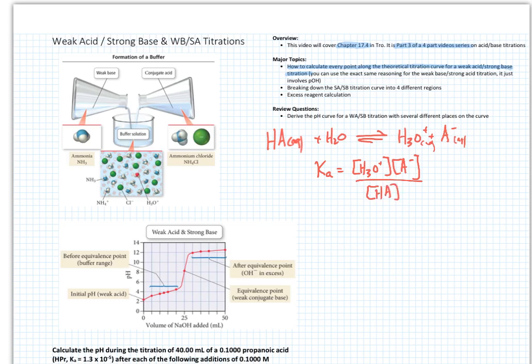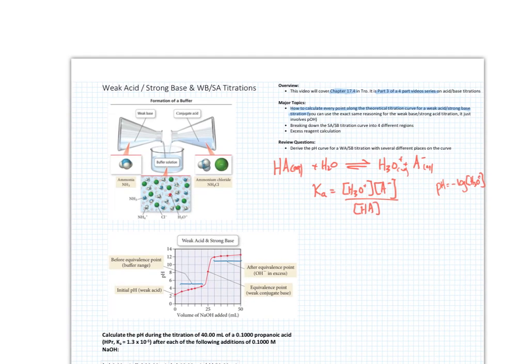All right, and if we want to find the pH of this solution, remember the pH is negative log of the H3O plus concentration. So I need to isolate H3O plus, and I will bring that over to the other side. So we'll say concentration of H3O plus is equal to Ka times the concentration of HA divided by A minus.